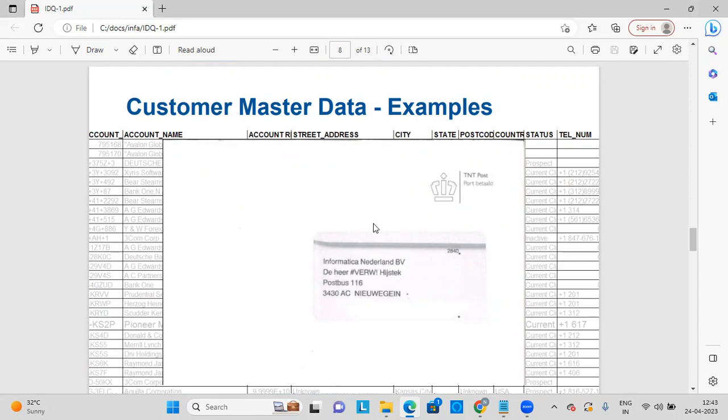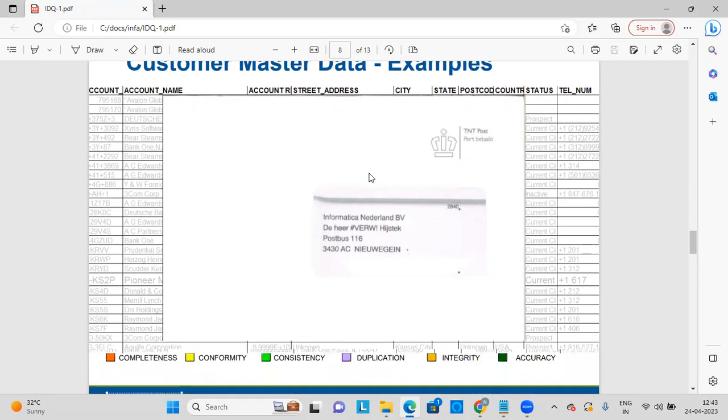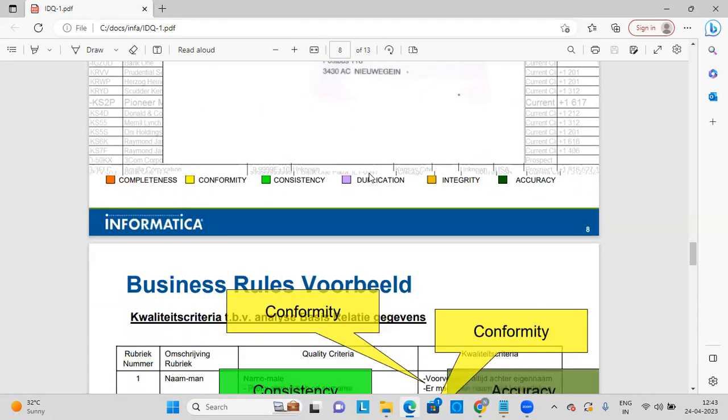If it is unused, it's also part of incompleteness. So the completeness measure should be applied here. Make sure that we got data for all the columns.